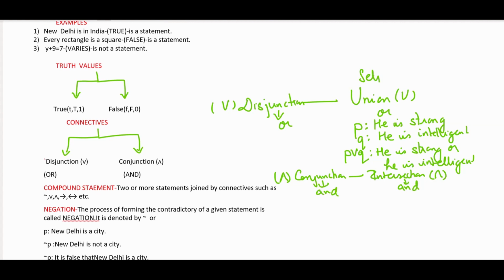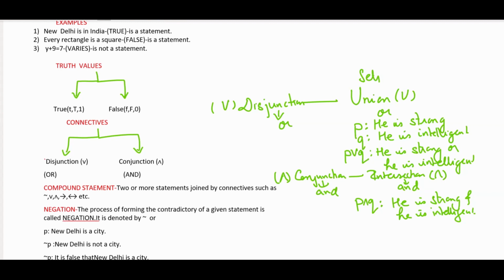That means if this is written, he is strong and he is intelligent, then we denote it by P conjunction Q. I think it's clear to all of you.